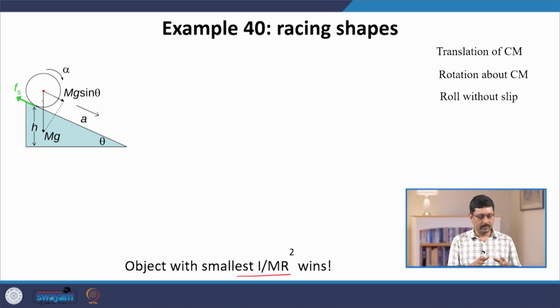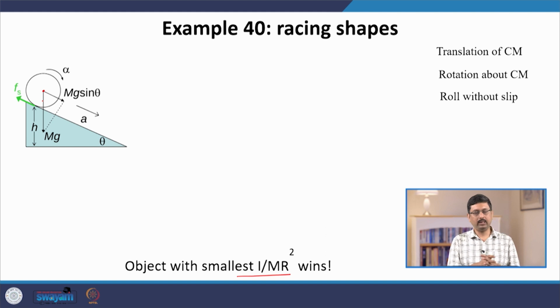So, in our lab frame there is some translation and also some rotation. The motion of the object, the cylinder or sphere, is a combination of translation and rotation.